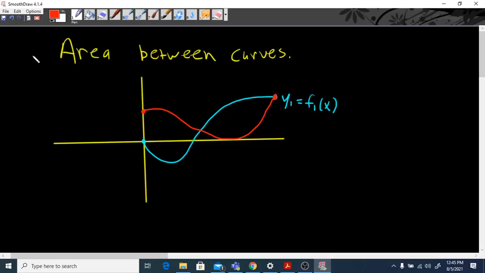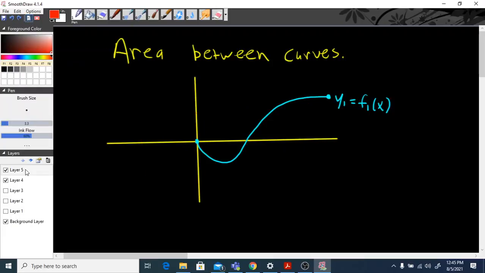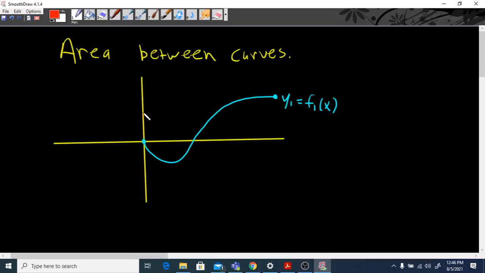And the thing that we want to do is, well, oops. Let me put that on a different layer. Sorry about that.